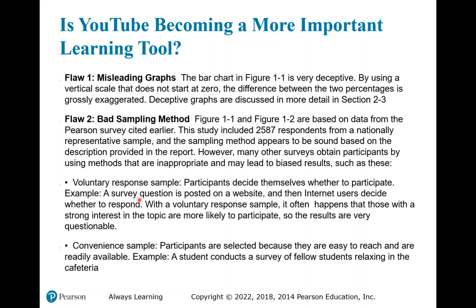With a voluntary response sample, it often happens that those with a strong interest in the topic are more likely to participate, so the results are very questionable. A convenience sample is another one to look out for. Here, participants are selected because they are easy to reach and are readily available. For example, a student conducts a survey of fellow students relaxing in a cafeteria.